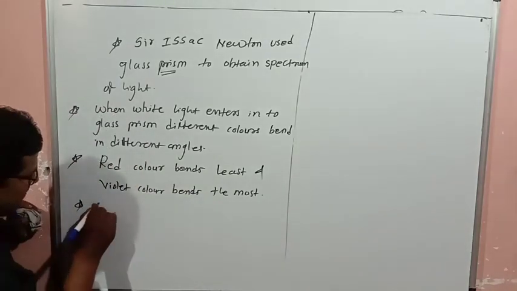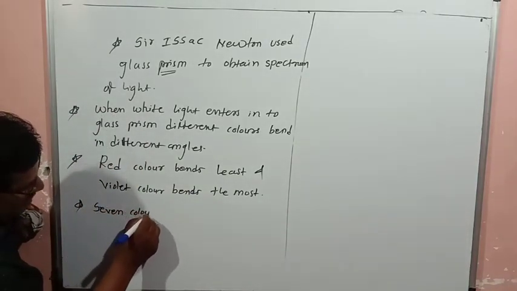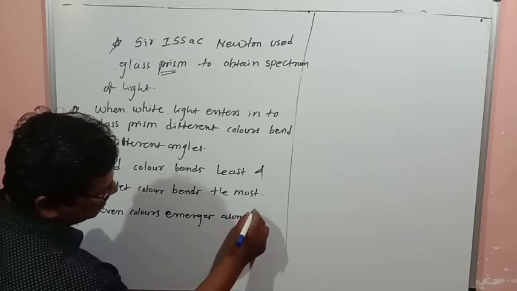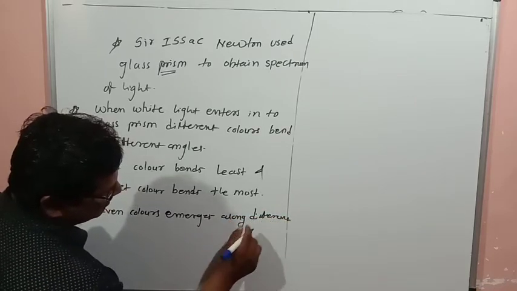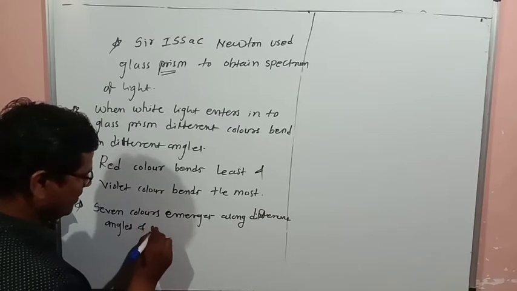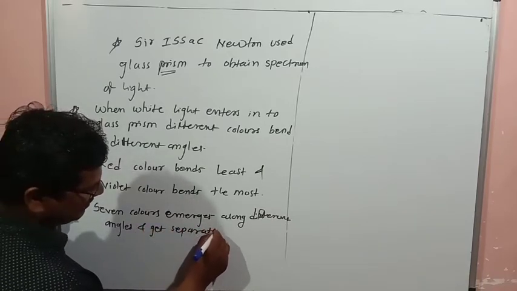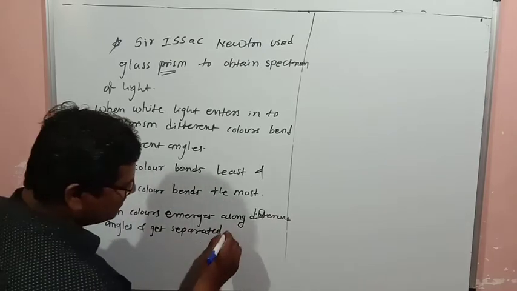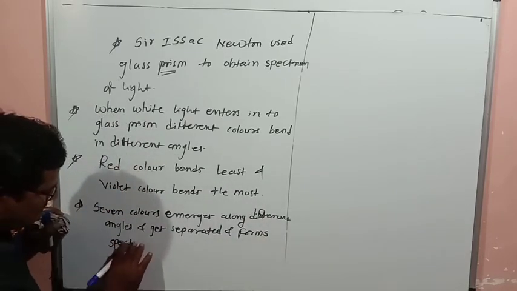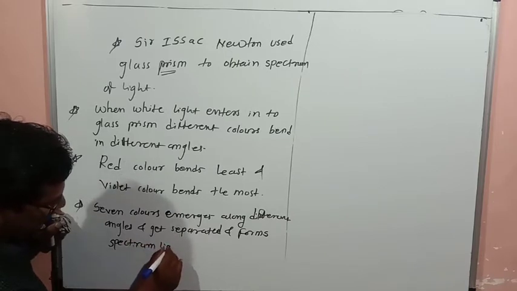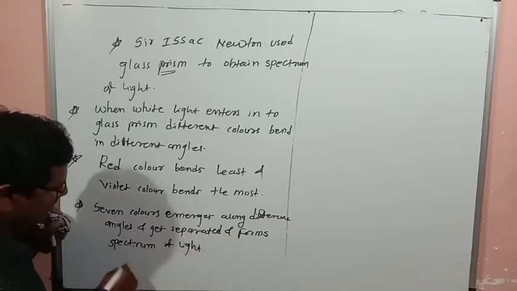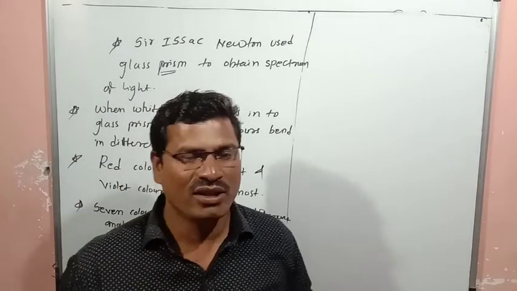So 7 colors emerge along different angles and get separated and form spectrum of light. Band of 7 colors, they are forming spectrum of light.